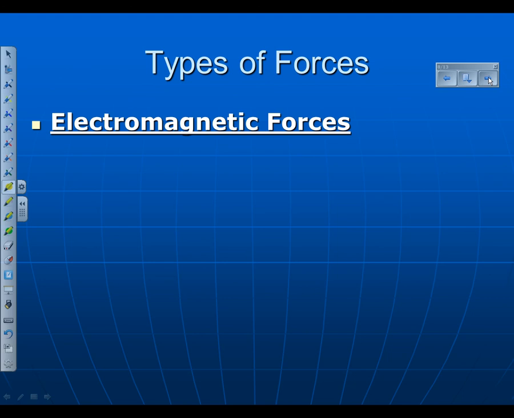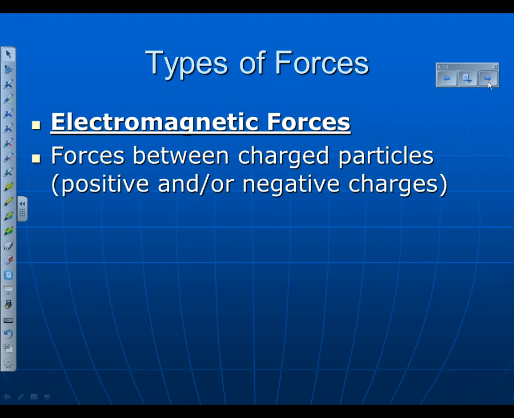So, the first type of force we talk about is the electromagnetic force. Electromagnetic forces we have talked about extensively in this class. This is the force that exists between charged particles. Where do charged particles come from? Atoms, right? They're parts of atoms.